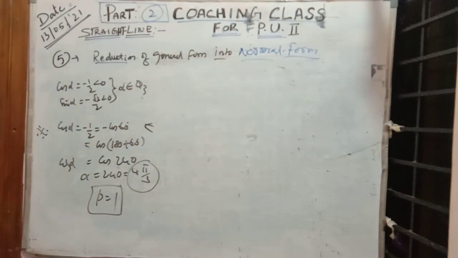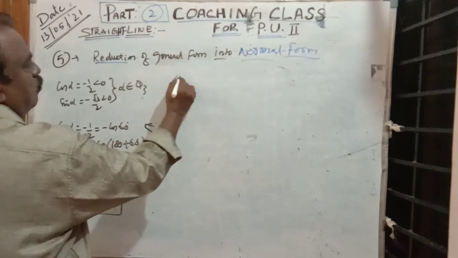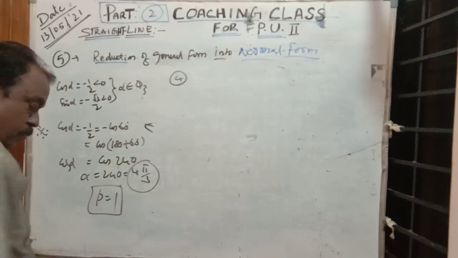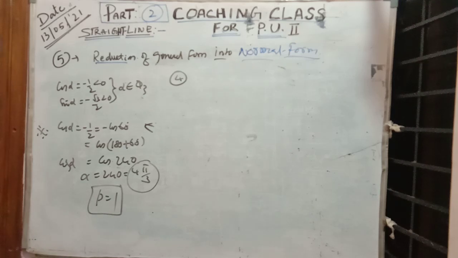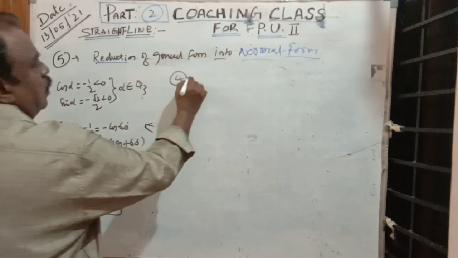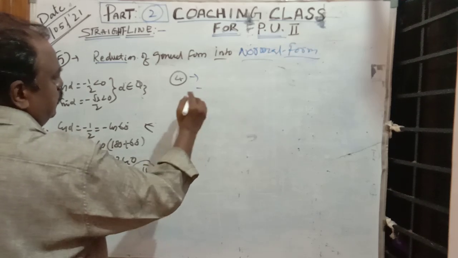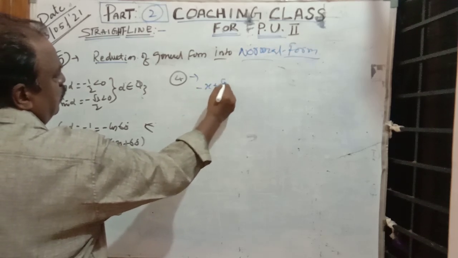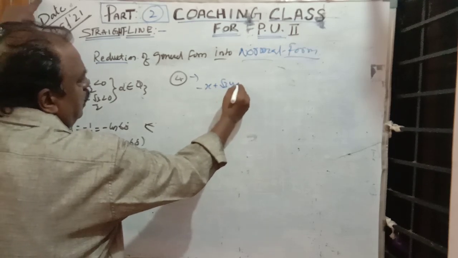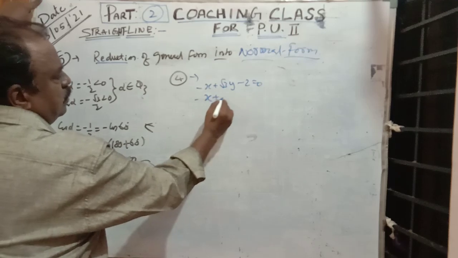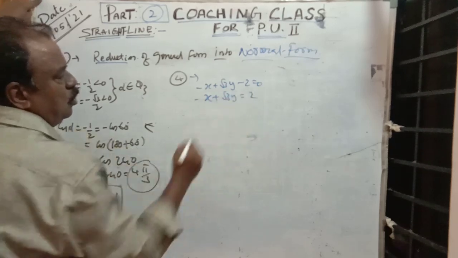Now you see, one more thing. It is minus x plus root 3 y minus 2 is equal to 0. It is minus x plus root 3 y is equal to 2 now.